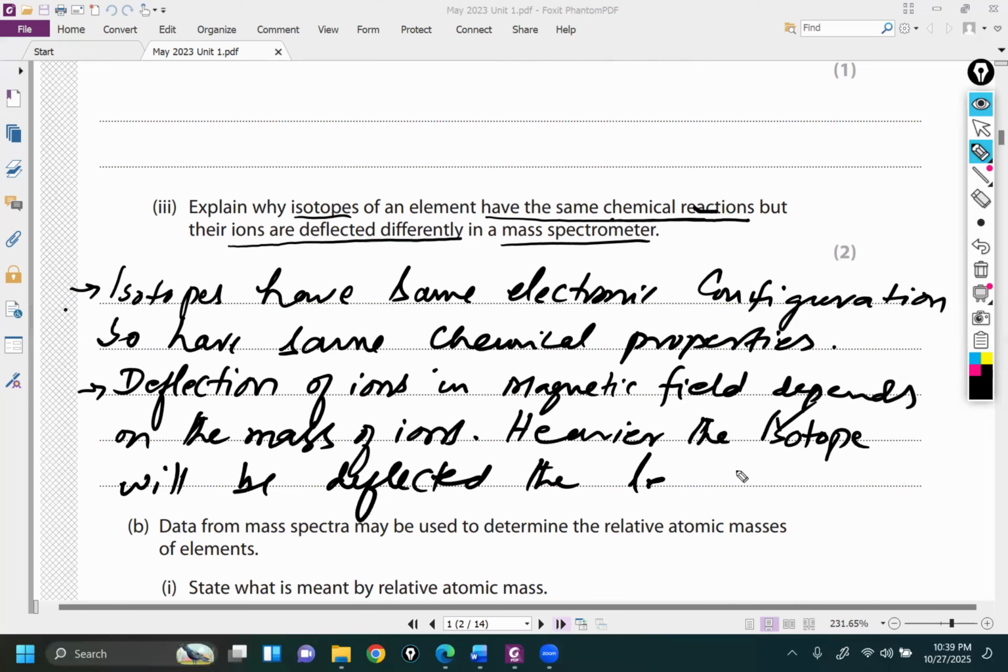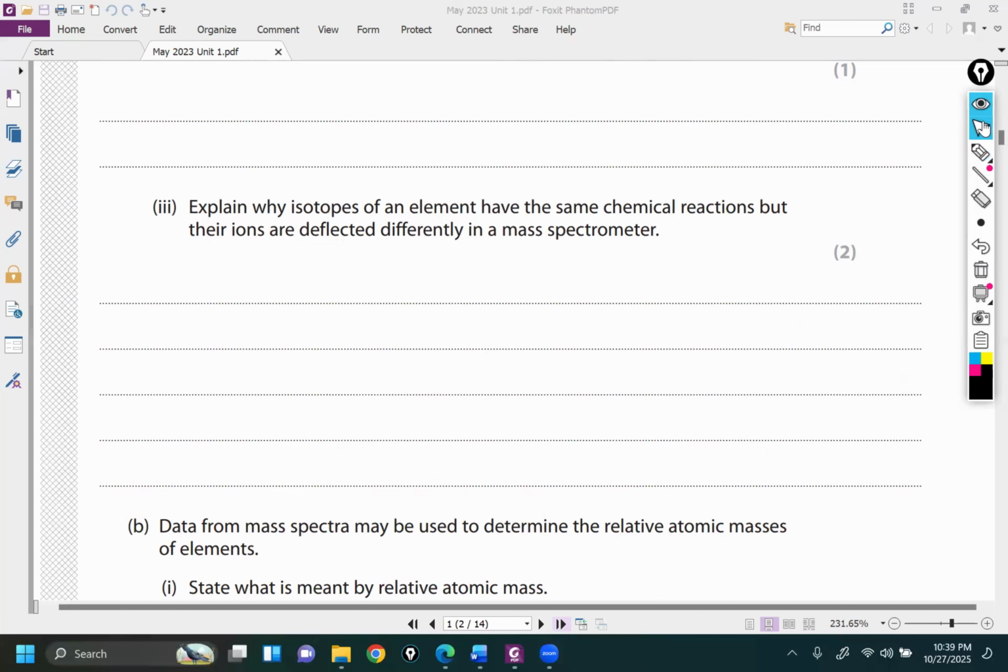You can also write that the isotopes having less mass will be deflected the most. So this is for the 2 marks for this question.